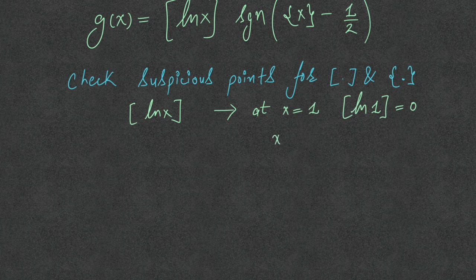And at x equal to e it becomes ln e, and the greatest integer of ln e is equal to 1. So these 2 points are suspicious for the greatest integer of ln x.